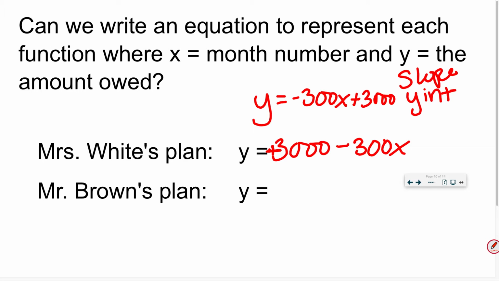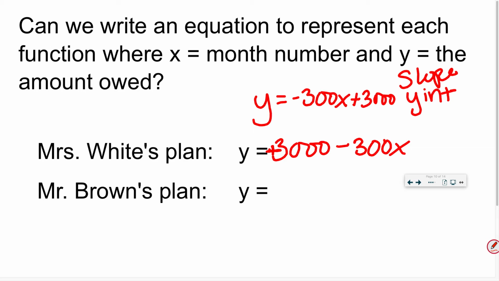The problem with this, and it's not a problem, is that most of you, when you think about the scenario, the debt is 3,000, we're paying 300 a month, want to write the equation y equals 3,000 minus 300x. You have this amount, you're taking away something per month. That's the natural instinct.